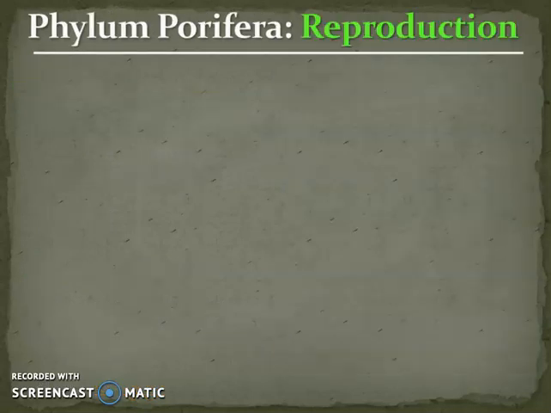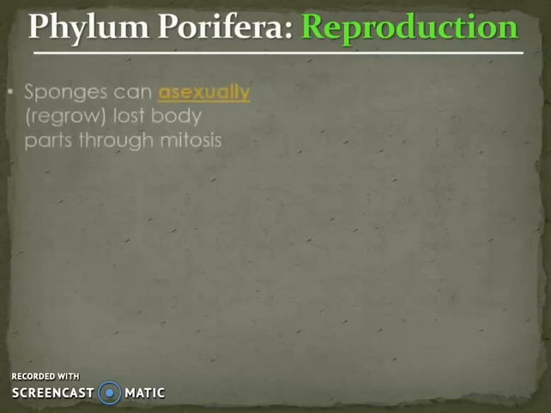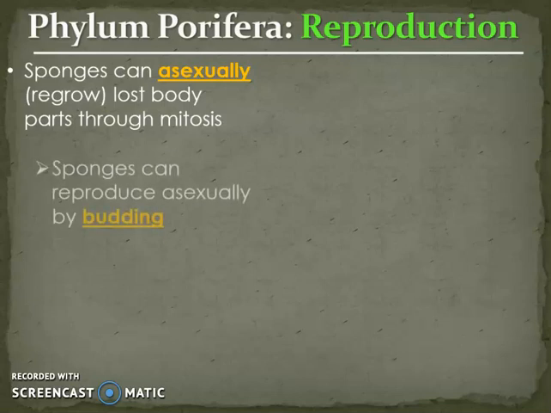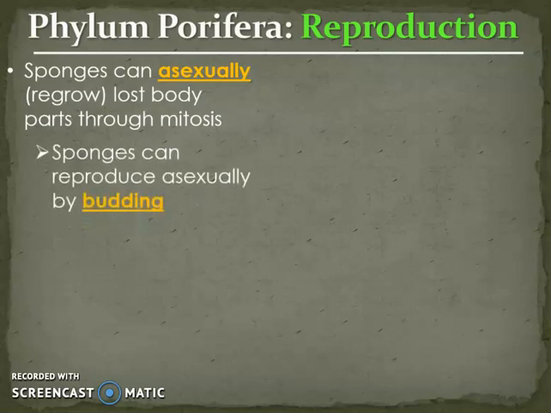Sponges do reproduce. Sponges have two ways they can reproduce. They can reproduce asexually, meaning they don't need two different sets of chromosomes in order to make a new sponge. They do this through mitosis, that's the splitting of cells that we learned about. This process is called budding.